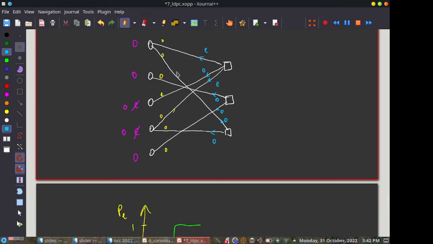Now, if the graph is instead something like a tree, it's not a tree, it has some cycles, but it doesn't have any short cycles. Okay? Then it turns out that this algorithm still works well. And in fact, we can give some sort of guarantees.